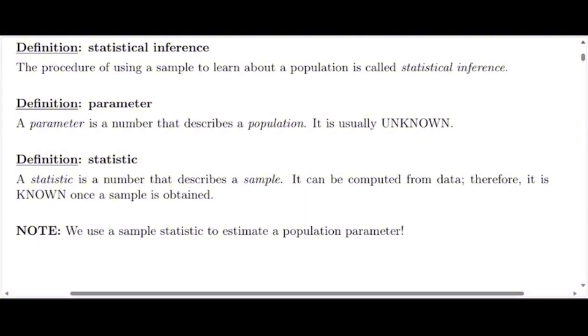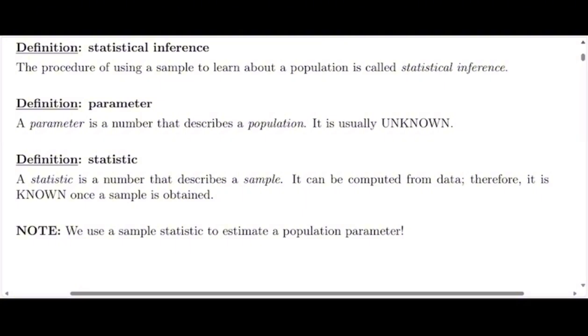Or what is the proportion of people in a country that are living in absolute poverty? Or what is the average household income in a particular country? That's a parameter. And that is why we say it is a number that describes a population.